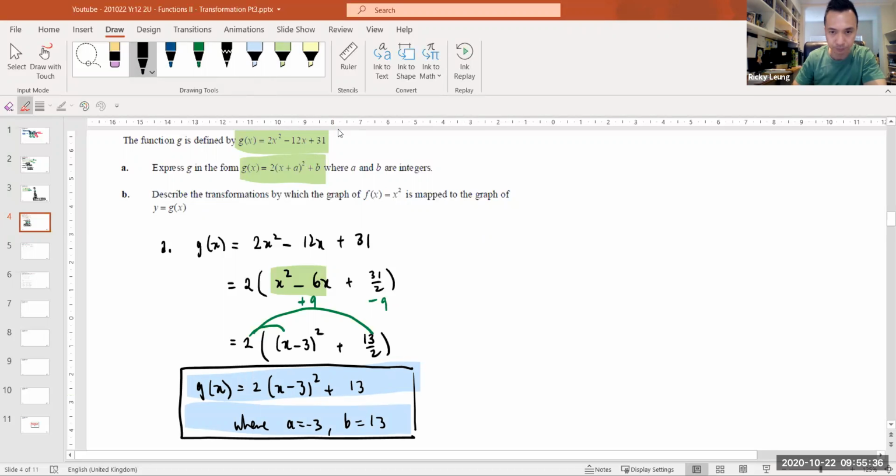Now, part B. I want to know the transformations that get me from f(x), which is x squared, all the way to g(x), which is 2(x minus 3) squared plus 13. So let's unpick this.